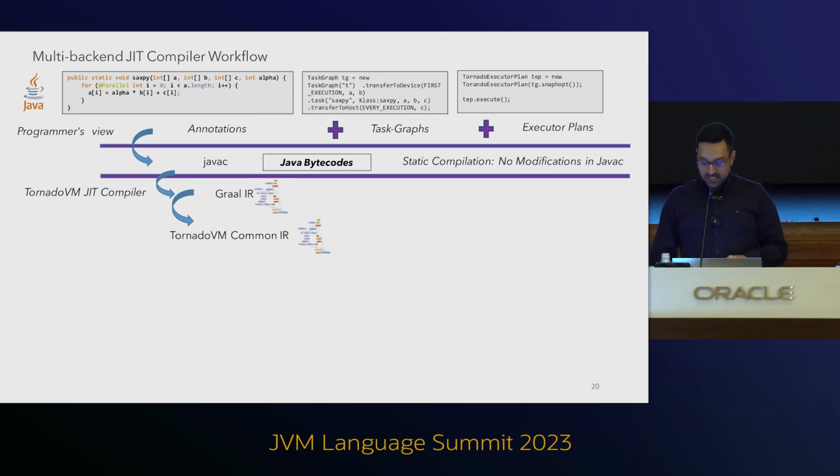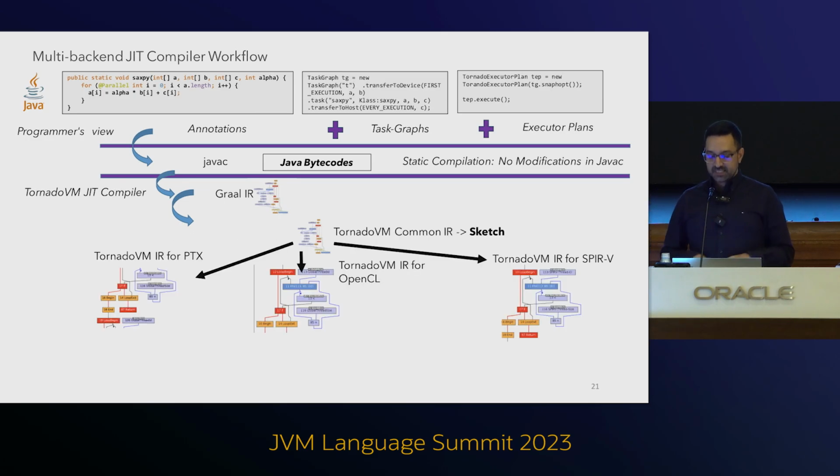We have a common IR across all backends, and then we specialize the IR per backend. So the IR for PTX is different compared to OpenCL or SPV. In fact, there are different optimizations depending on the backend. After the IR has been optimized, where we interleave optimizations of the Graal pipeline plus our optimizations, we generate the code. Let's say we choose SPV, the one on the right-hand side.